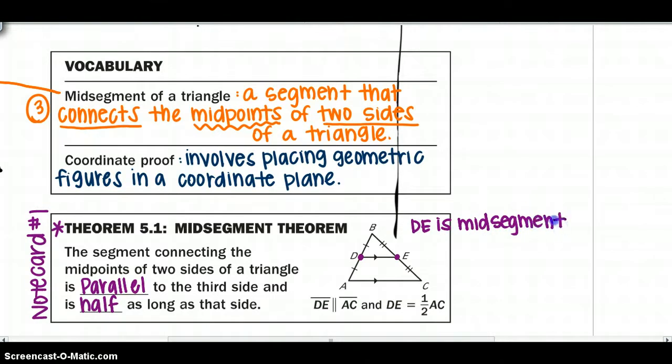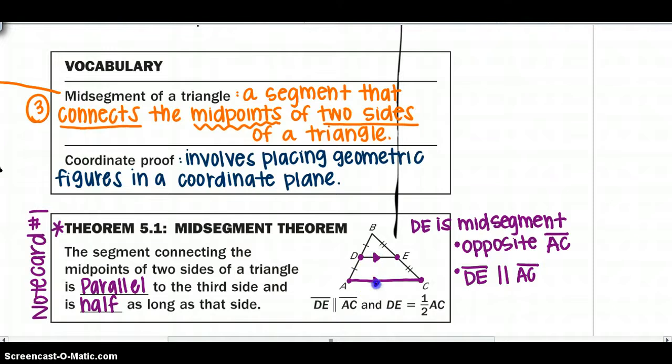Some terminology you might see is that DE is opposite AC. So DE is opposite line segment AC. This theorem also gives us parallel lines, so now we know that DE is parallel to AC.